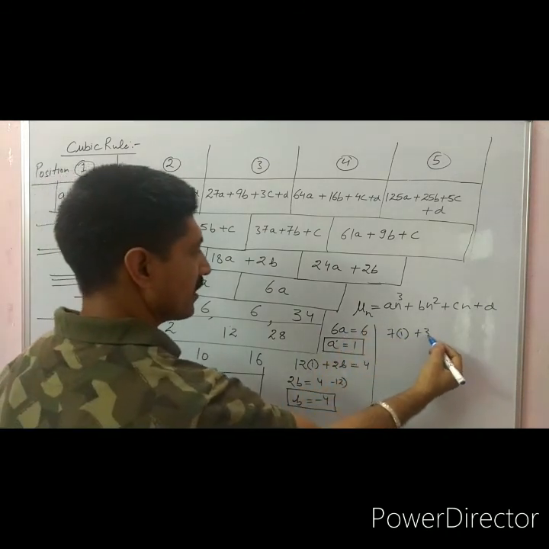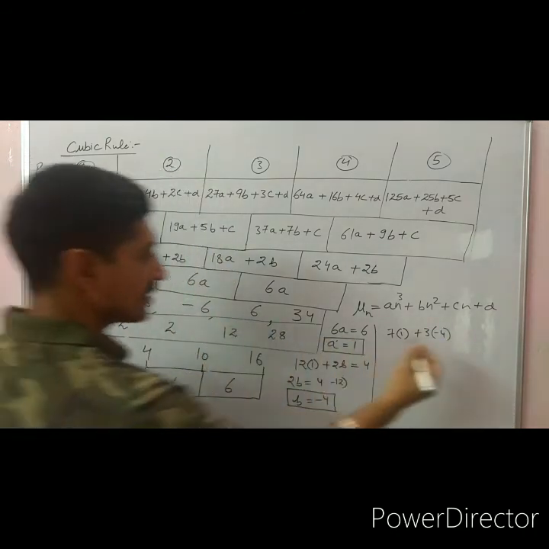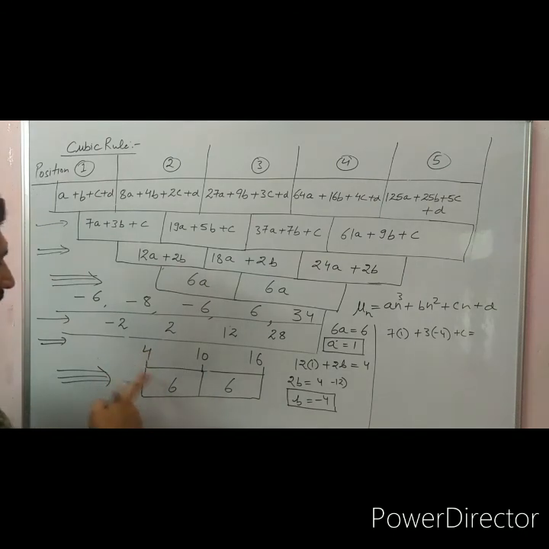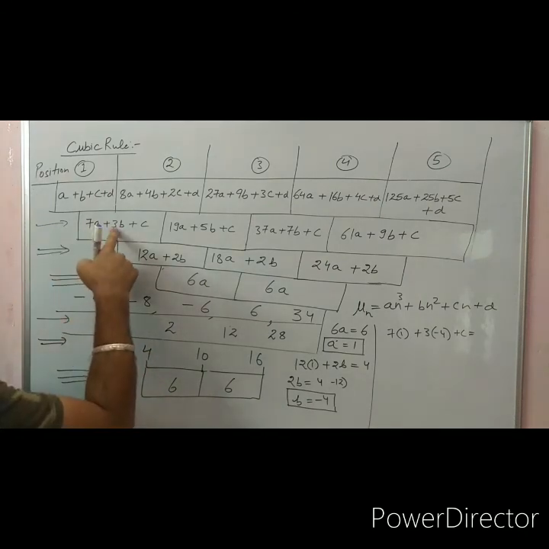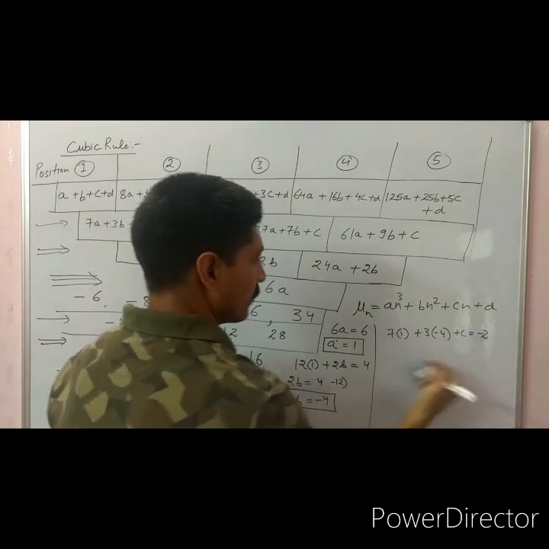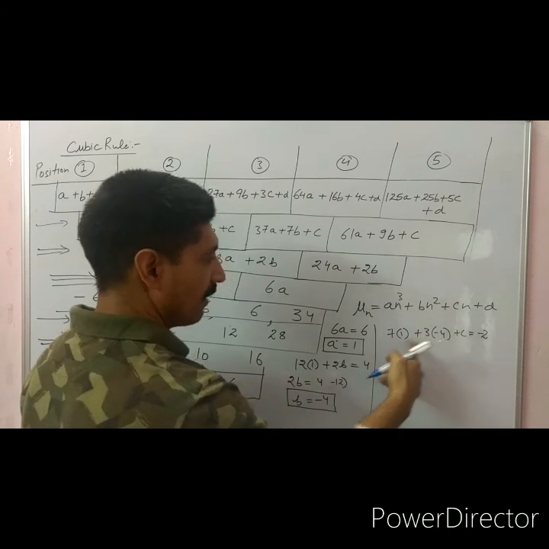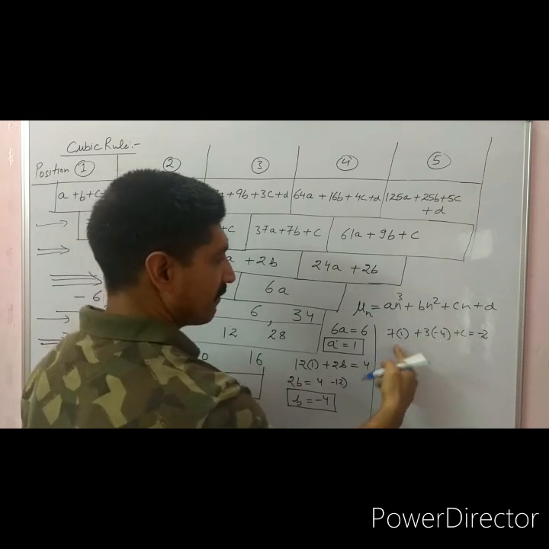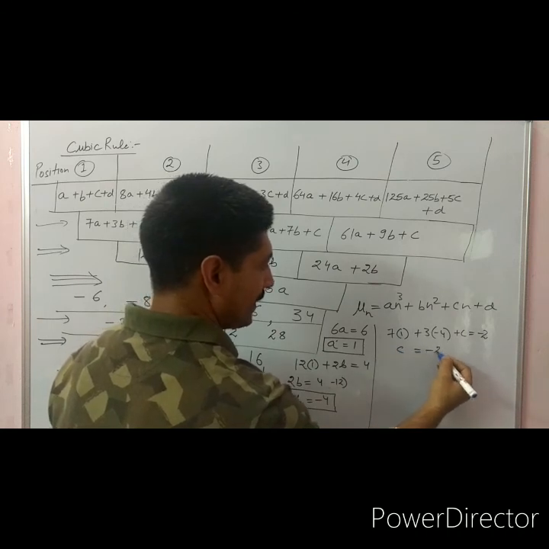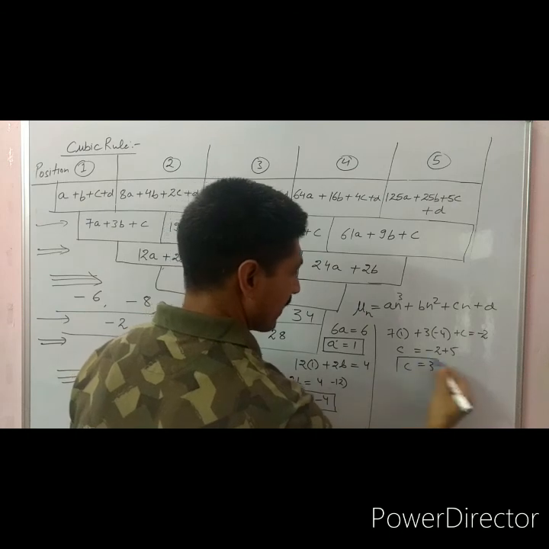So 7 minus 12 is minus 5, and c is equal to minus 2 plus 5. So c is equal to 3 here.